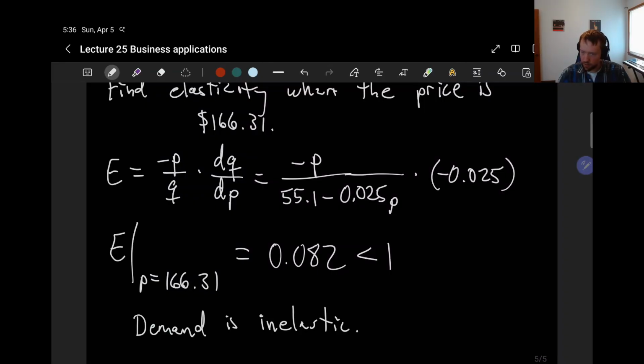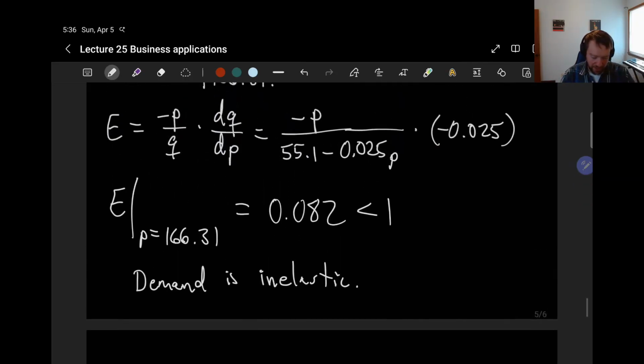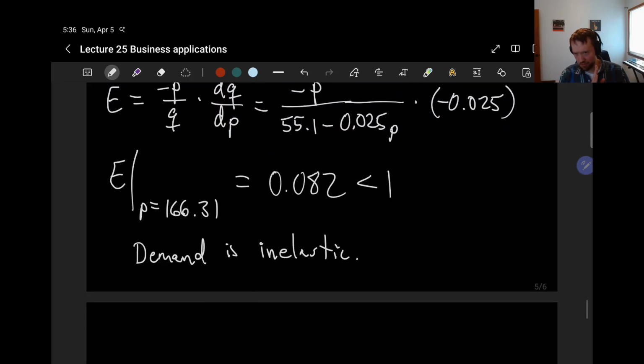So if we raise our prices a little bit, that's going to have very little effect on people's willingness to go do this air travel. So that sounds like a good thing, but again, that's actually not necessarily going to give us the most revenue, as we'll see, because our prices are probably too low in the first place.